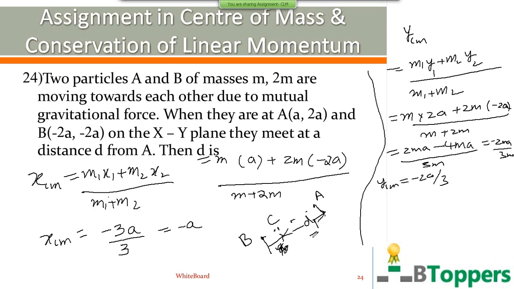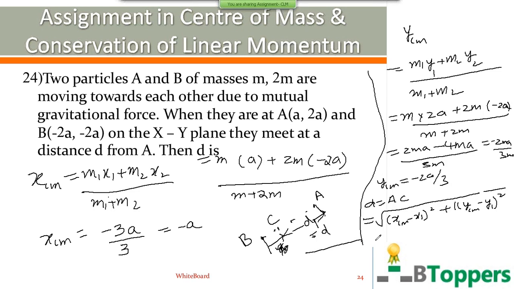That means d1 equals d. So distance d between A and C, using the formula for distance between two points, is equal to the square root of (x coordinate of center of mass minus x1) whole squared plus the corresponding y term. Simplify this yourself and complete the calculation.